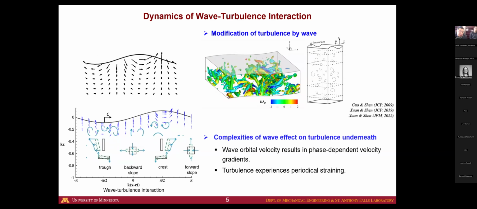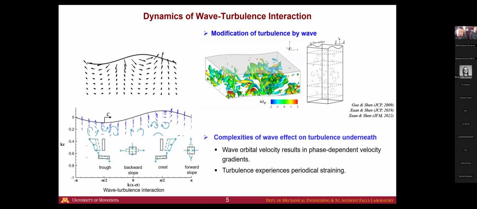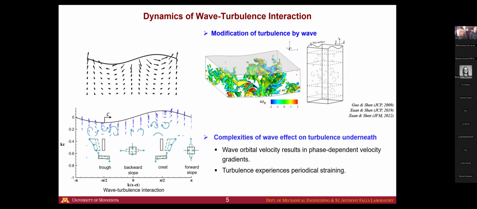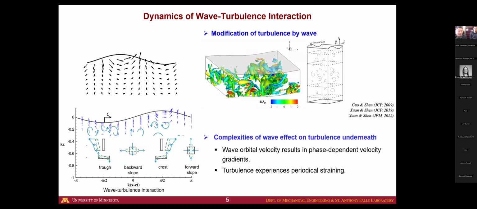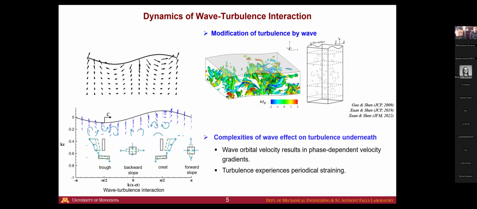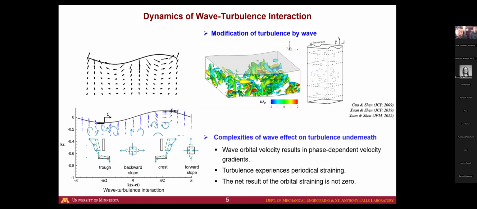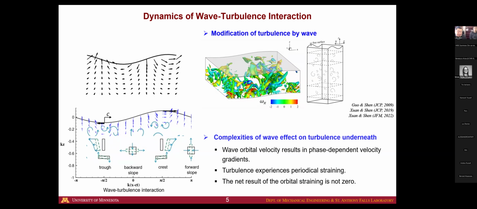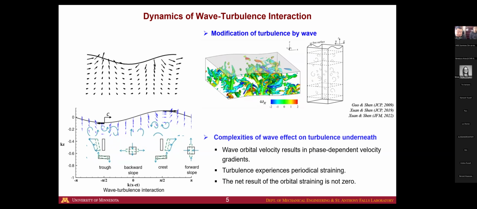So for those vortex structures, they are continuously and periodically being turned this way and that way, and they are being compressed and stretched periodically. But the net effect is not zero. This can be seen from the concept of, let's say, Stokes drift.